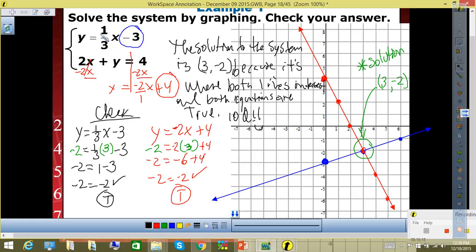To graph the equations, how many different ways do we know how to graph an equation? Tell your neighbor the 3 different ways that we know to graph equations.